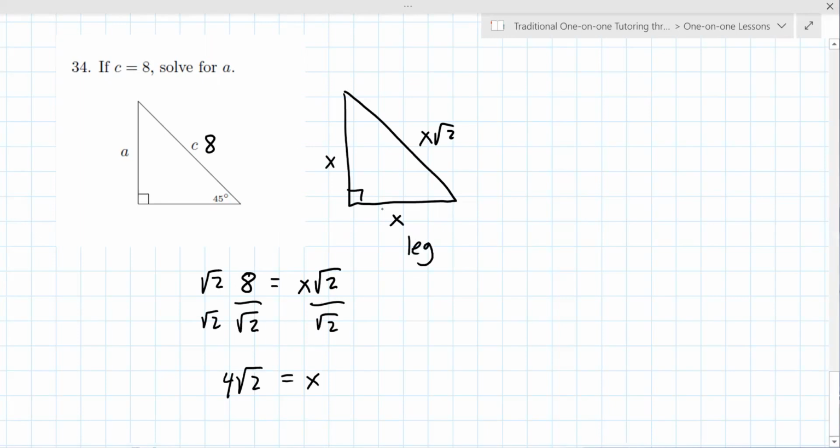I'm just asking you to say that it's the leg. I'm trying to build this connection that x is the leg. Maybe this feels complicated. I want you to cut through all that and realize, okay, x is the leg, a is the leg. Once I know x, I know a. Yeah. Okay.